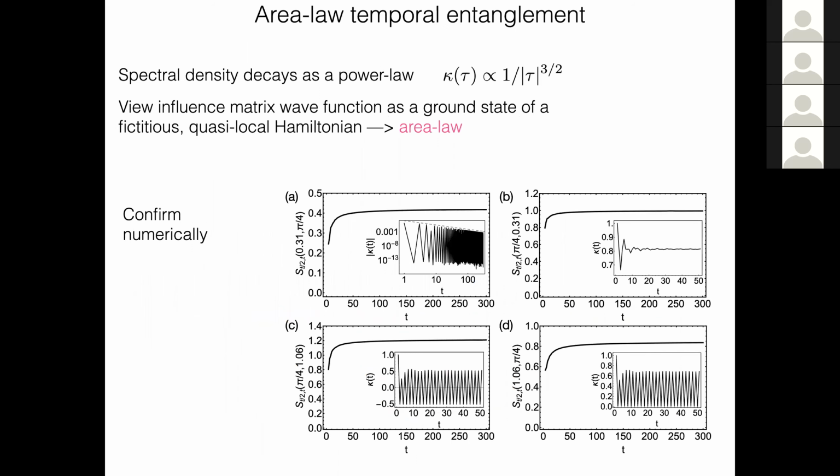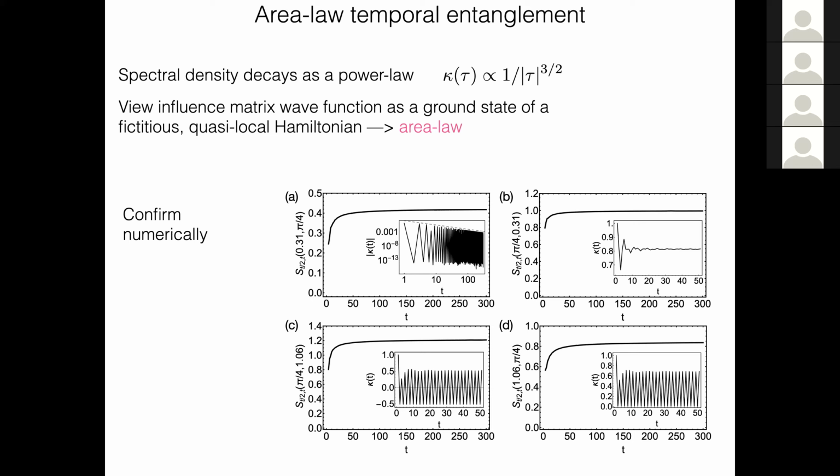The generic feature that you find here is that the spectral density kappa decays as a power law, as 1/tau to the power 3/2. So there is fictitious pairing in your temporal spin chain, but it decays relatively fast. This can be understood as stemming from the Van Hove singularities in your quasi-particle band structure.